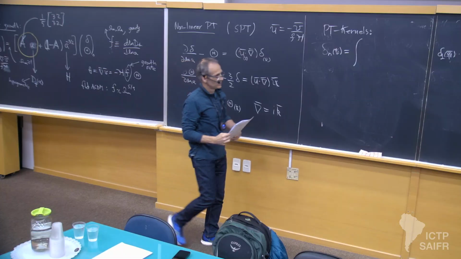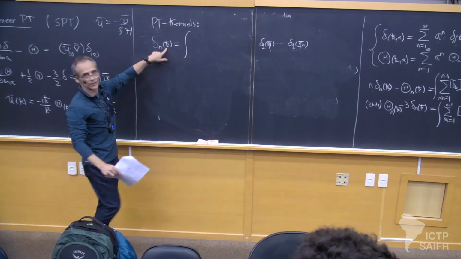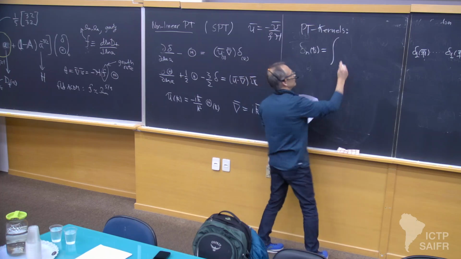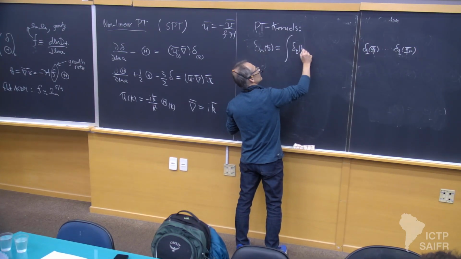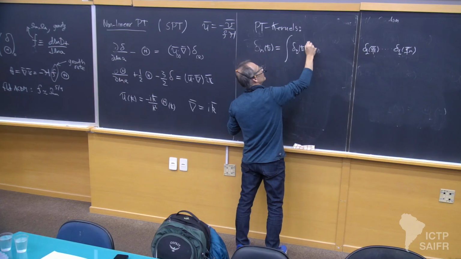Because of mode coupling, these guys had to adapt to the k that I'm interested in. So there will be here a momentum conserving delta function. So maybe write it like this, the sum of the Qi's from 1 to n.